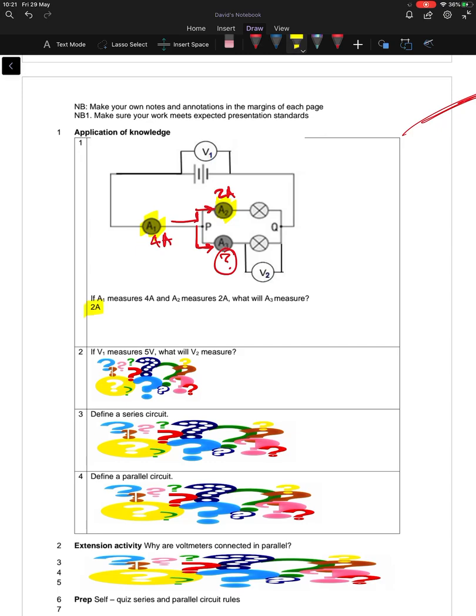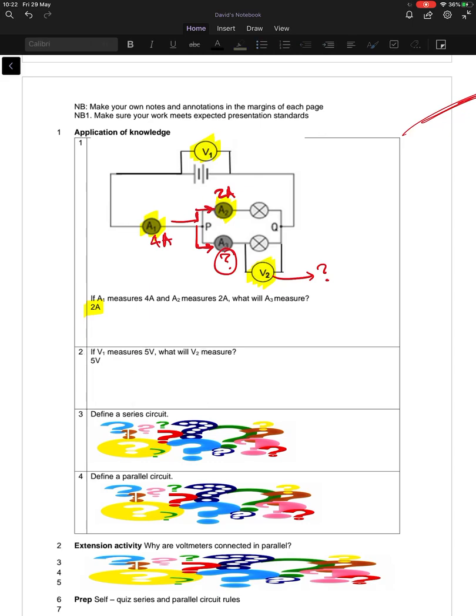If V1 measures 5 volts, what's V2 going to measure? So remember, in this parallel branch, current is shared, which means voltage should stay the same. So if we've got 5 volts here, we should be left with 5 volts.